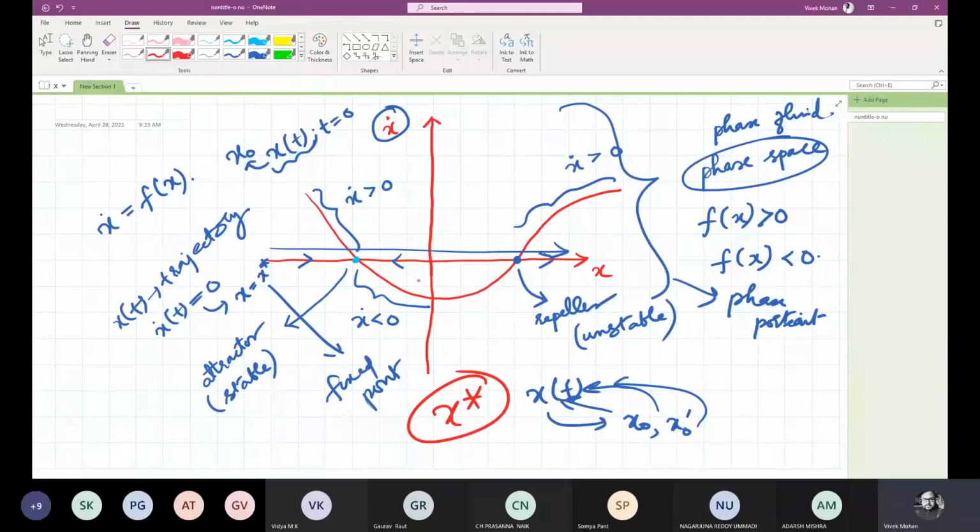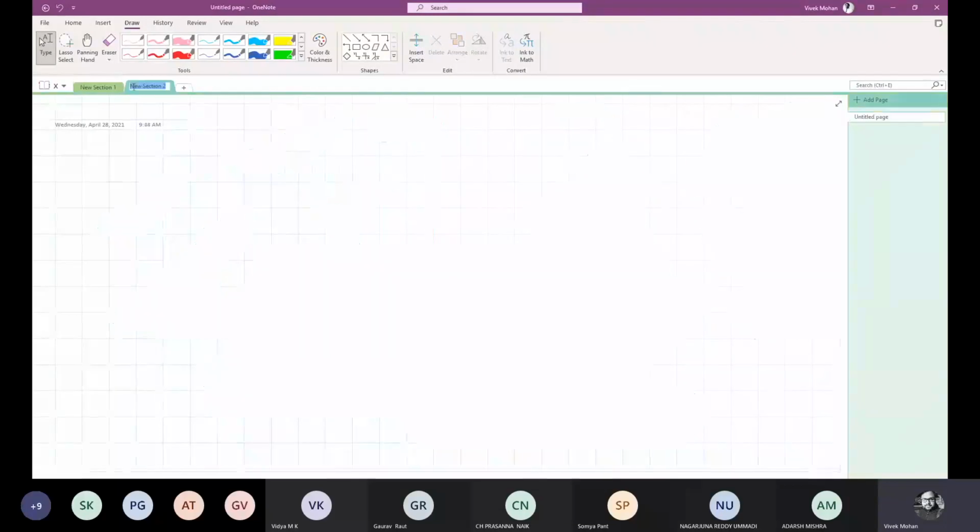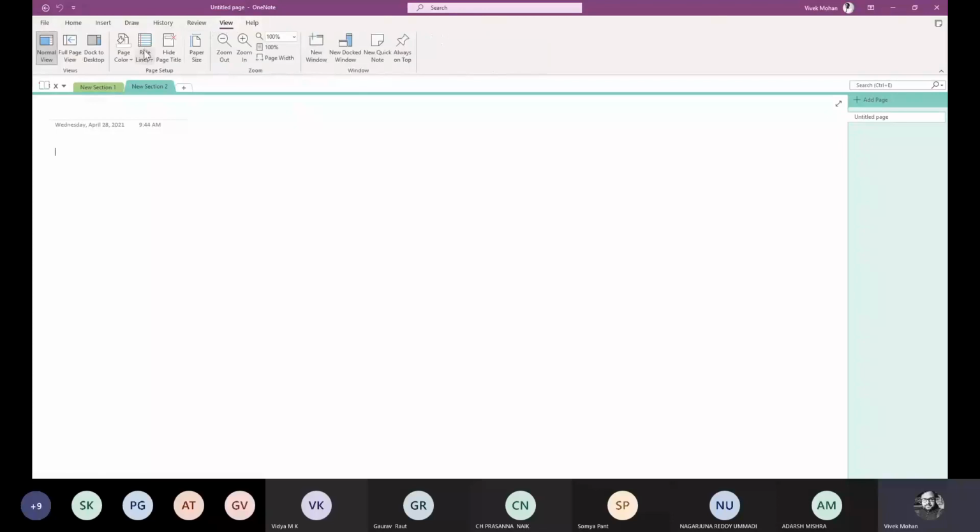Now let's see an example. Before going to the definition of bifurcation, we'll just see an example.